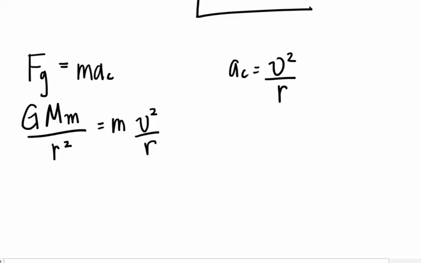What does it matter? The mass of what? The mass of the moon, or the satellite, or whatever we have deployed into the atmosphere or surrounding the planet. What else can I do here? Can I multiply by r on both sides? Okay, so let's see. What have we got now?